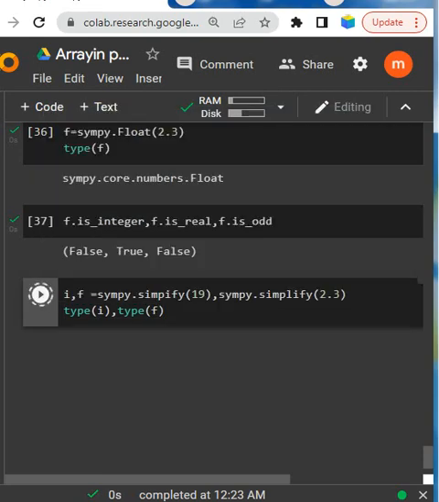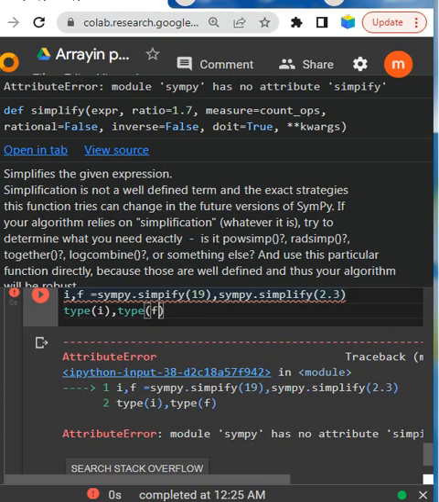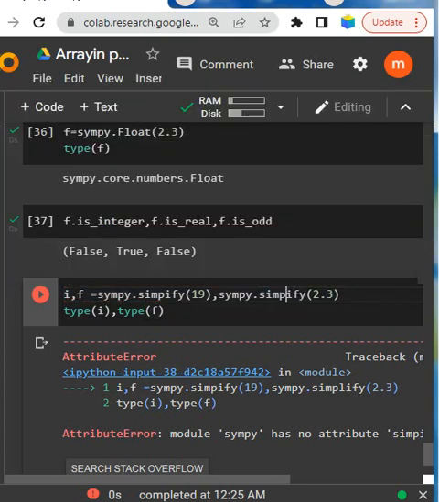So let's see, just both i and f. Okay, please don't write it that way, please write sympy.